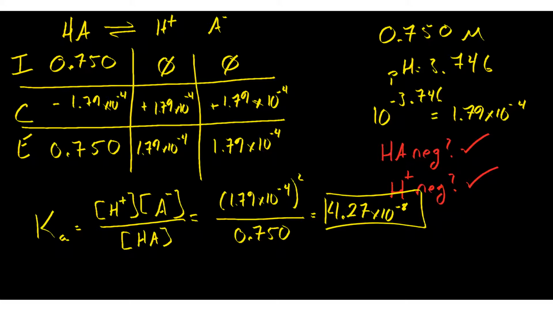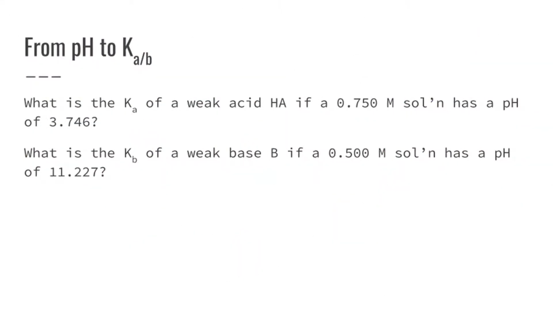Now that isn't necessarily meaningful to you, but it doesn't really matter. That's the answer. Let's run with it. It's a fairly small Ka. Booyah. Alright, let's move on to the other problem I have set up here. What is the Kb of a weak base, B, if a 0.5 molar solution has a pH of 11.227?